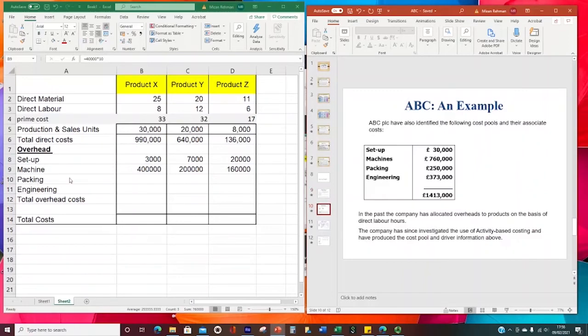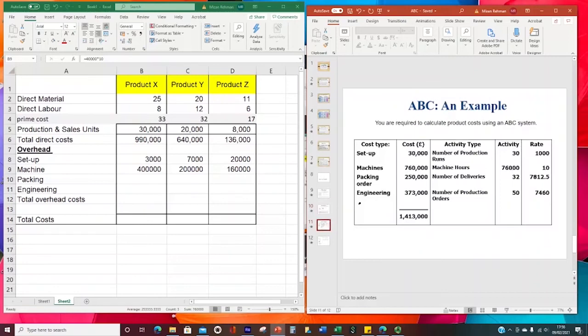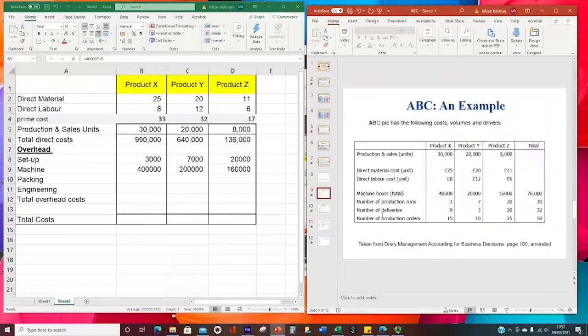Next is our packaging. The cost per packaging is £7,812.50. And now we need to see the number of orders. And those are 9, 3, and 20. So for X, 9 into 7812.5, that is each driver cost. And that is quite a lot of money for the ordering or packaging or dispatching.